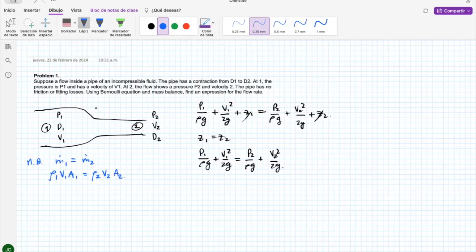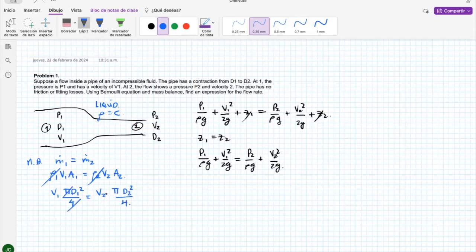I'm going to assume this is a liquid, therefore the density is constant, so I'm going to cancel these densities. There are different diameters, so this is the area for 1, and V2 times the area of 2. That's what I can know.